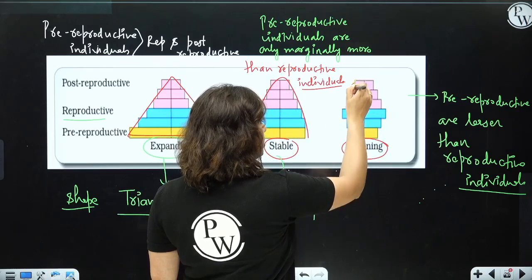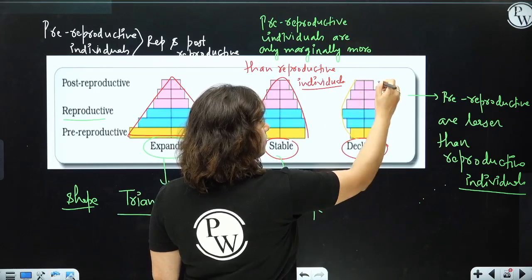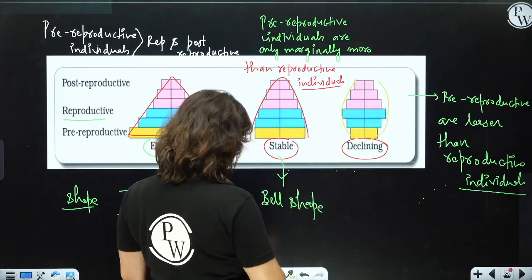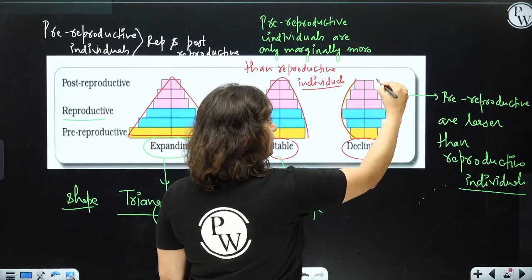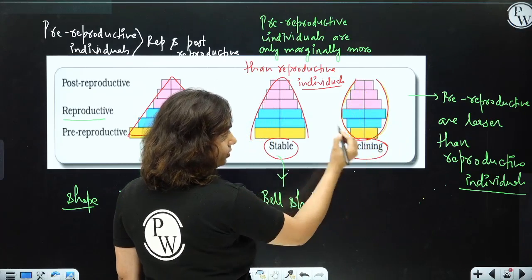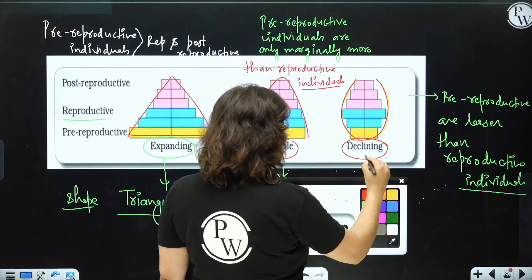What is an urn shape? This is an urn shape, like a pot, like the shape of a pot.